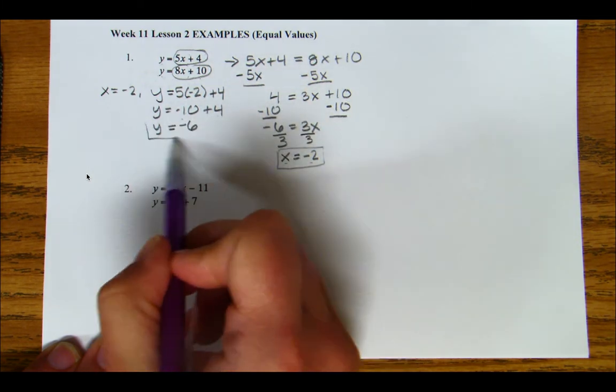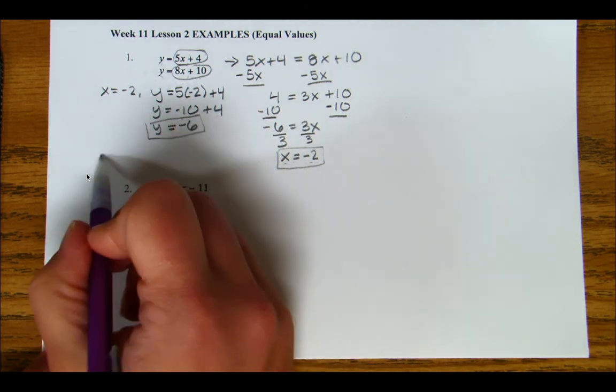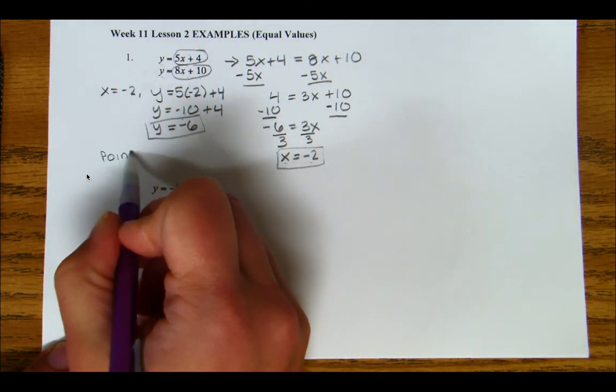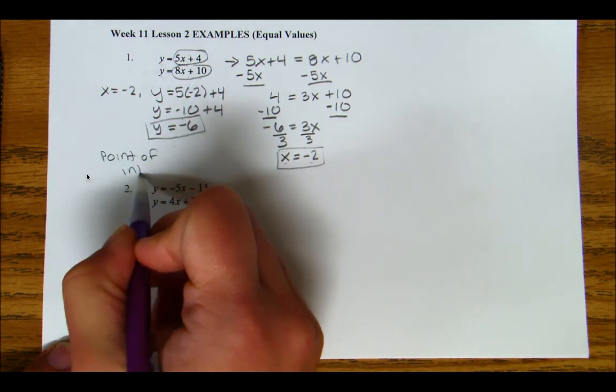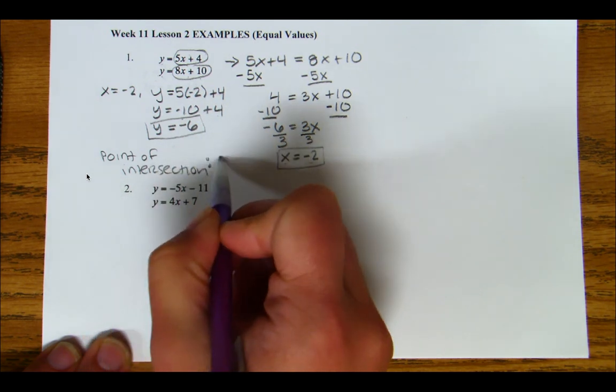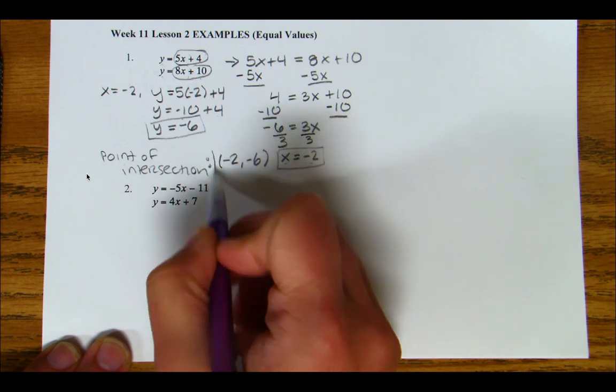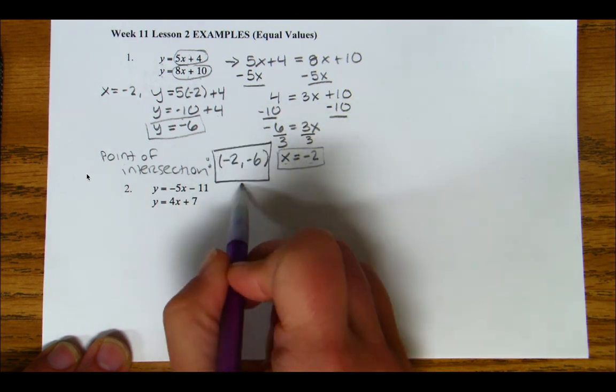So that means that my coordinate, my point of intersection, is going to be negative 2, comma, negative 6. So this is really our final answer, and that's what we want to make sure we have.